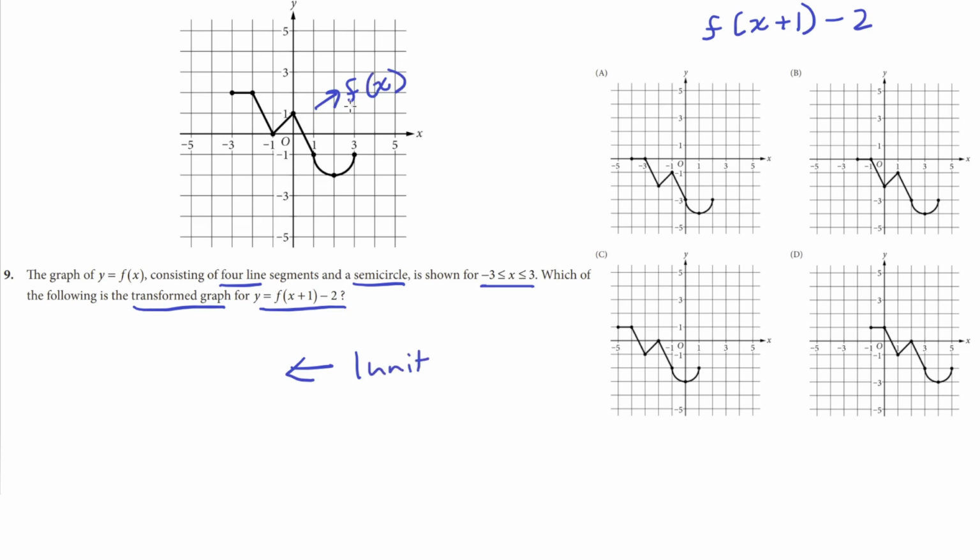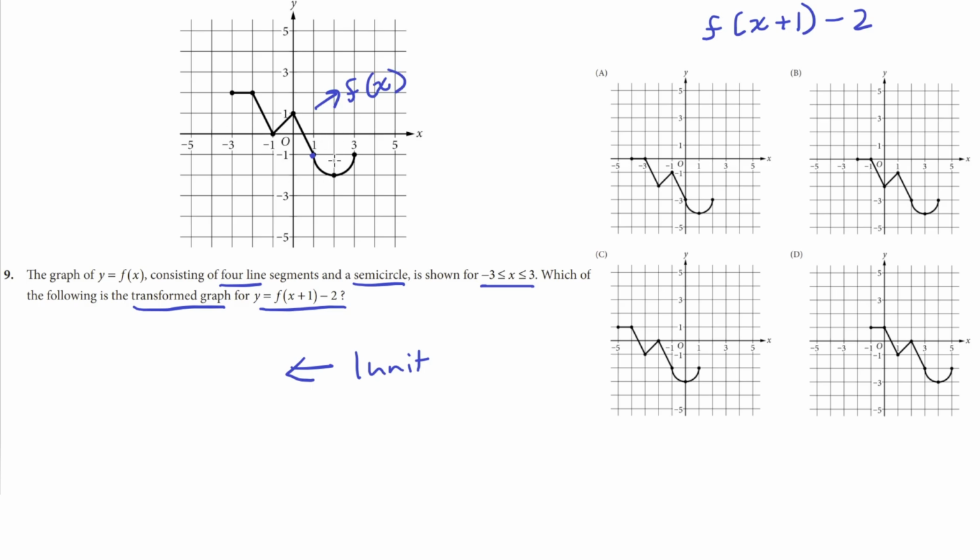That's because if we add 1 unit to every input, say we have this point here on the graph, 1, -1, when the value of x is 1, the value of y is -1. But if we add 1 to x, the value becomes 2.